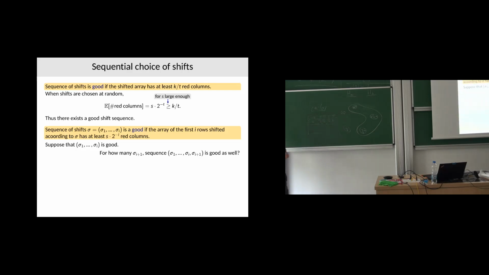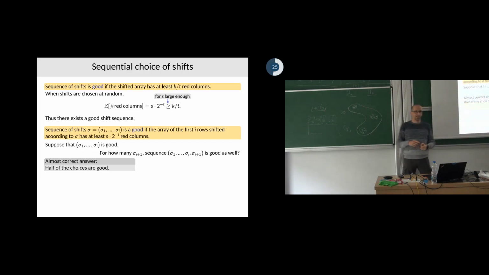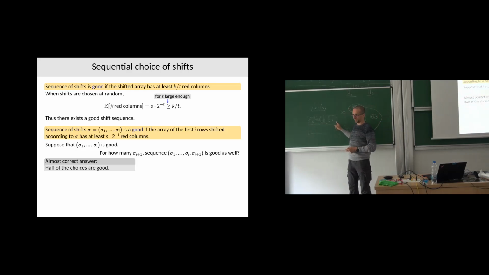In some of them, the number of red columns is more than half of what we had before, and in some of them maybe not. So this is a good question: if we have a good sequence, in how many ways can we extend it? Intuition says that half of the choices are good. And indeed, it is true if this row is colored randomly.